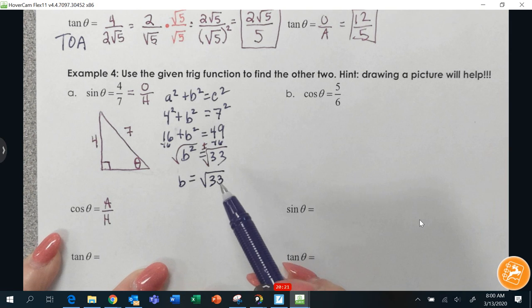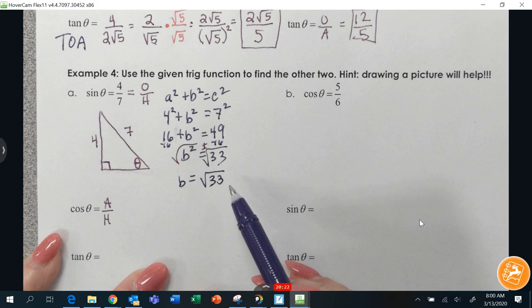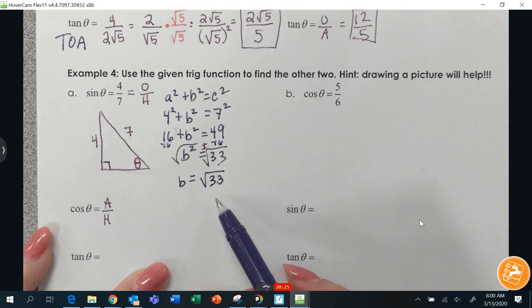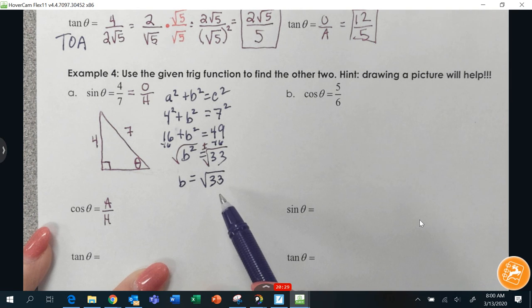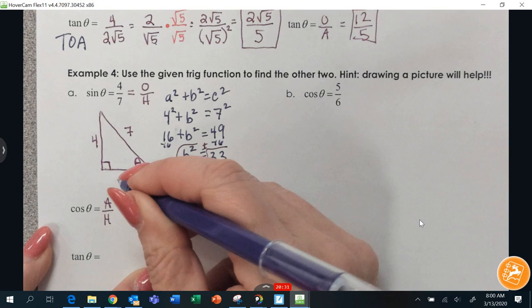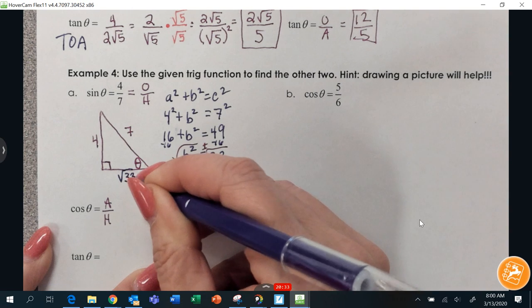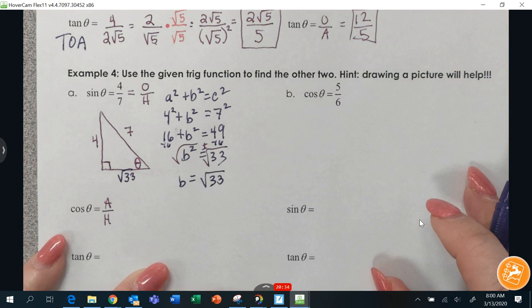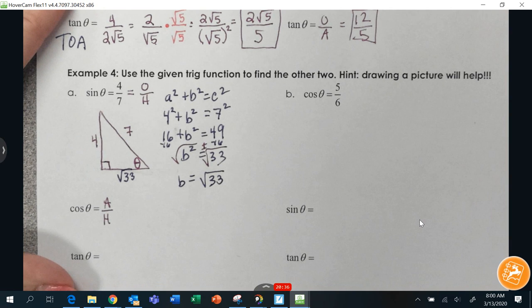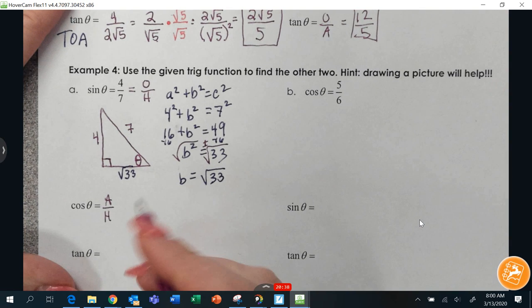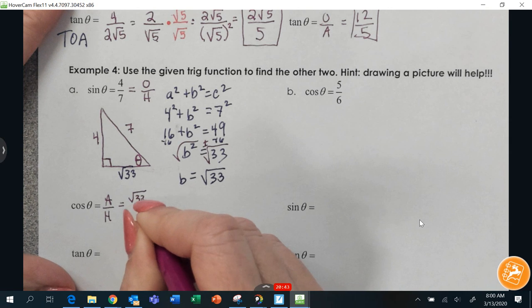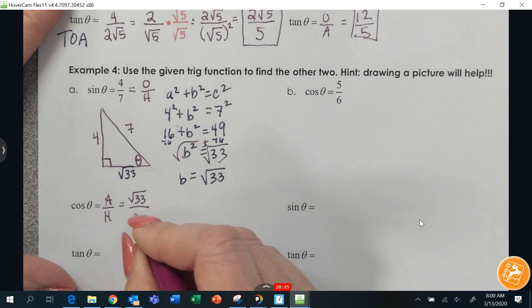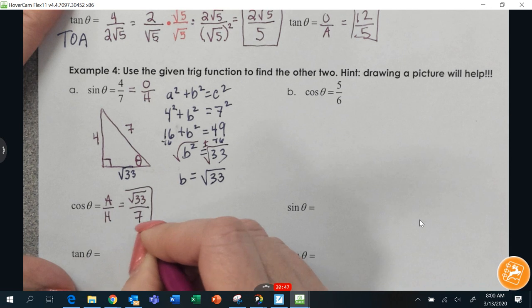When we think of factors of 33, 3 and 11, neither of those are perfect squares, so this is the simplified version of square root 33. So my adjacent side is square root 33. So I go back to finding the cosine, and I put square root 33 over the hypotenuse 7, and that is my cosine.